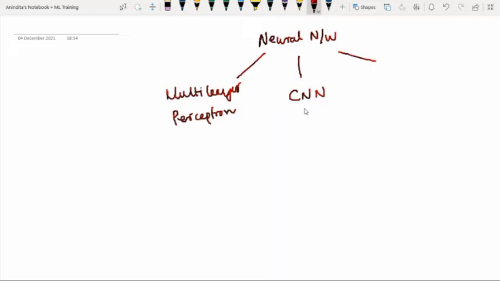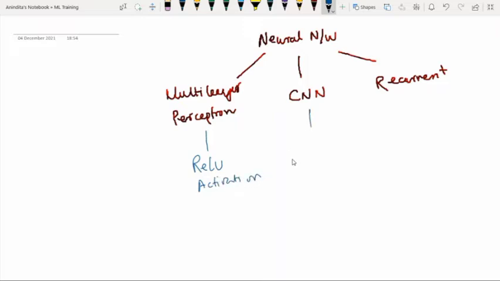It is a very popular neural network used for deep learning and image processing. And we have another class of deep learning neural network, known as the recurrent neural network. Now, whenever we are dealing with a multi-layer perceptron neural network, the activation function used in the hidden layer is ReLU activation.